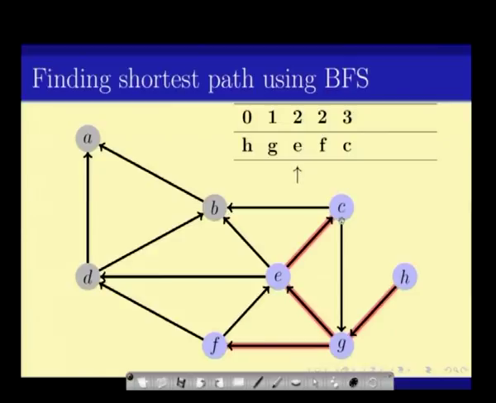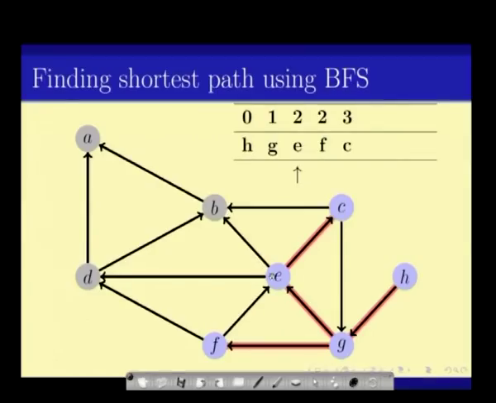But if there was an edge from G to C, then C would have been discovered when we were working with G. Then C would have been a neighbor of G, and hence C would have been listed right there. So, that is crucial: if something is at distance k, then this vertex will surely have been found by a vertex whose distance is k minus 1.